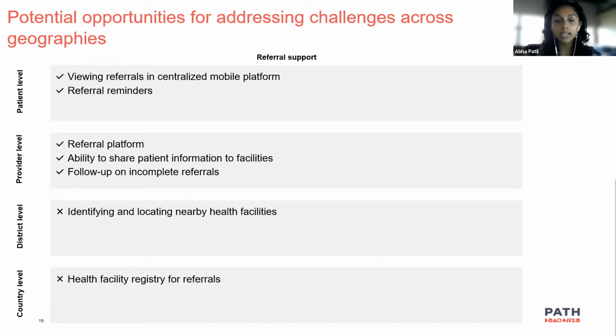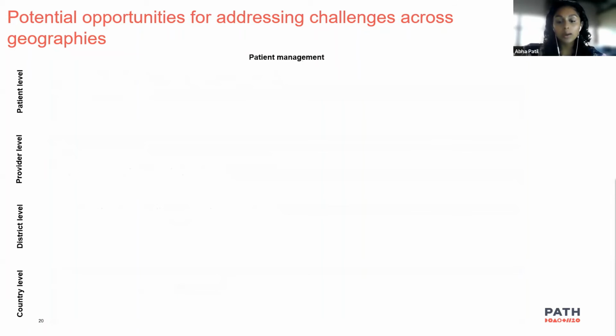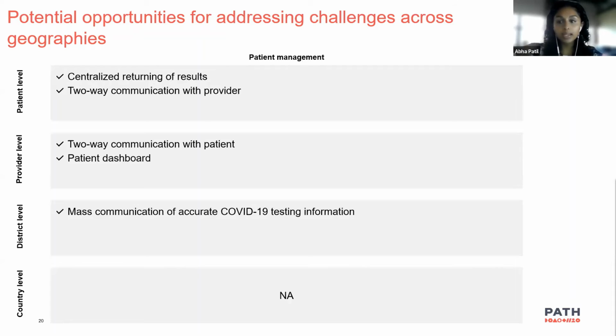So we'll move to the next case, which is around patient management. And again, some opportunities that we had identified, but certainly open to hearing more potential functionalities of an application that could support patient management at the patient level. We were considering centralized returning of results, as we were seeing a lot of informal systems for the returning of results through SMS, phone, WhatsApp, or in person, and potentially 2-way communication with a provider.